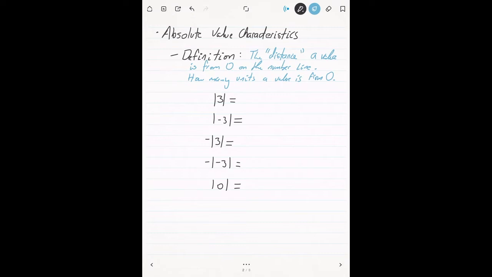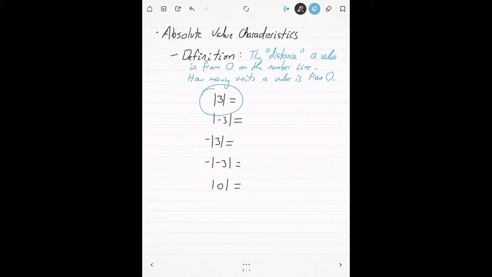Really, the idea of absolute value is that you're trying to understand how a value is in relation to other quantities on the number line. If we're talking about a specific value, one thing we want to know is how far away it is from 0. So, what is the absolute value of 3?